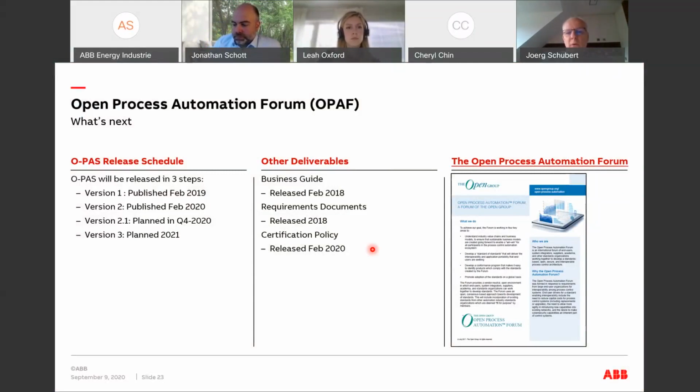So going forward, our roadmap for the years to come, and you can see here standards evolving. So you will not see OPAF in ABB causing a step change. I would say it's a continuous evolution.